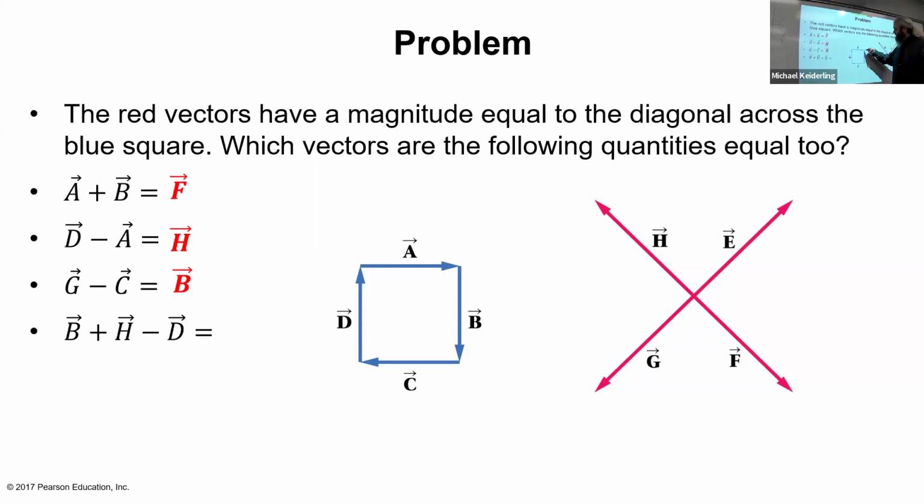So here, we just sort of go on the path, B plus H minus D, and that would be G. Any questions about these?